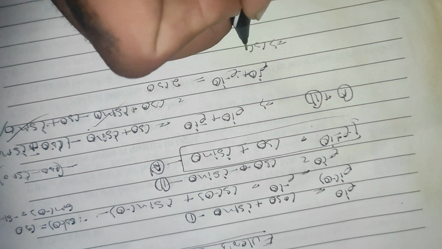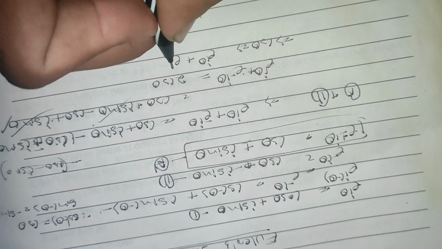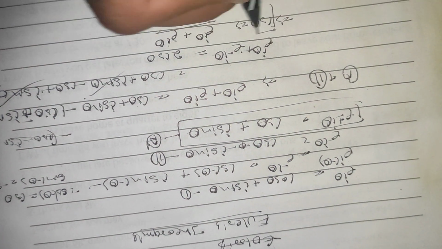So cos theta is equal to e to the power iota theta plus e to the power minus iota theta, divided by 2.